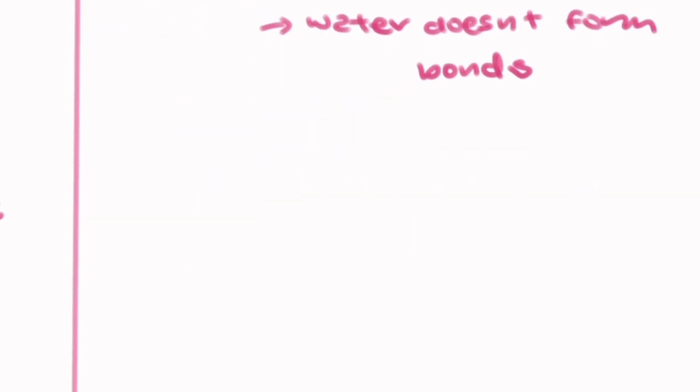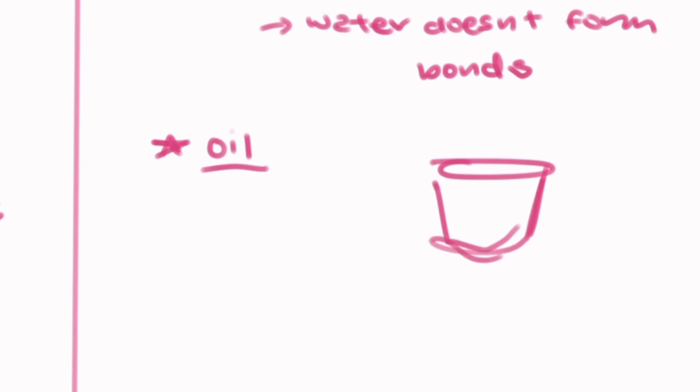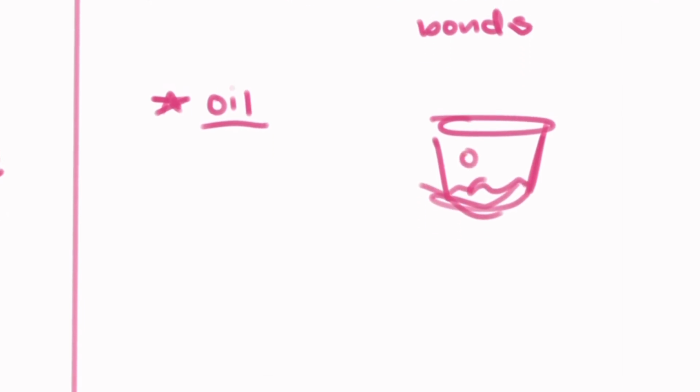One very famous, or I guess cliche, example is oil. If you put it inside of a cup of water, it's not going to dissolve and it's not going to form bonds. It's just going to stay like that. And this is because oil has carbon-hydrogen bonds, which are equal in electron sharing.